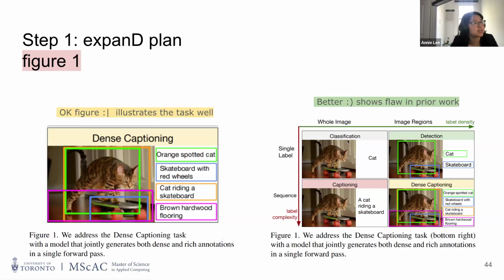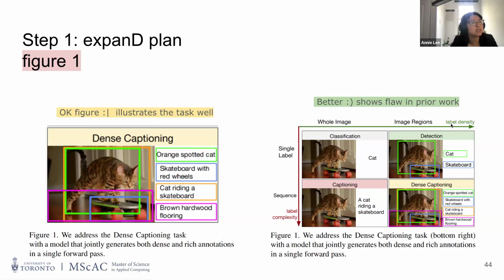That's captioning versus classification. Then instead of just detection, dense captioning is each of these regions having a caption. So an orange spotted cat, skateboard with red wheels, cat riding a skateboard. So very dense. Now we can see the contribution, right?